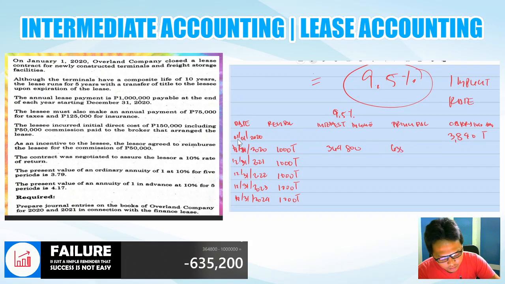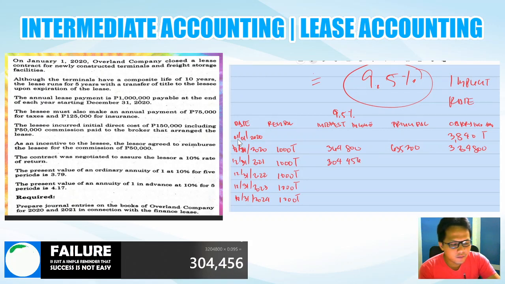Here we go again, the back-and-forth process. 3,840,000 minus 635,200 is 3,204,800. Multiply that again by 9.5. So we have 304,456. Deduct that from 1 million.